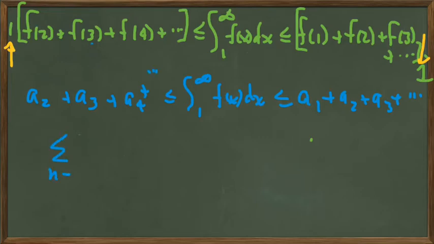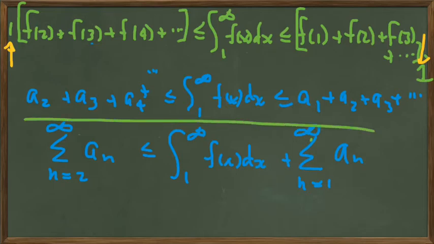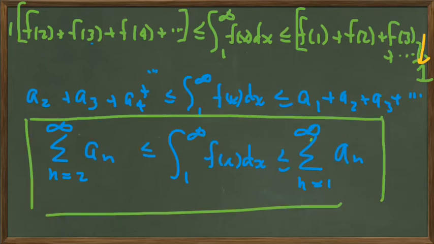The summation from n equals 2 to infinity of a sub n is less than or equal to the integral from 1 to infinity of f of x, the area under the curve, which is less than or equal to the upper heights, which is the sum from n equals 1 to infinity of a sub n. If we box this in right here, this is what we call the integral test for infinite series.